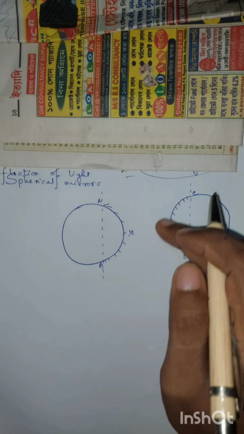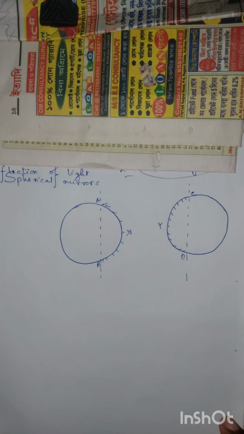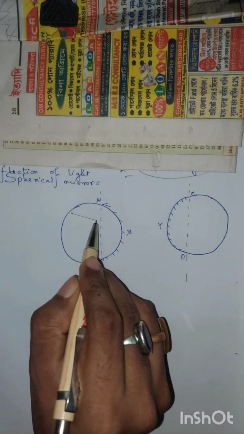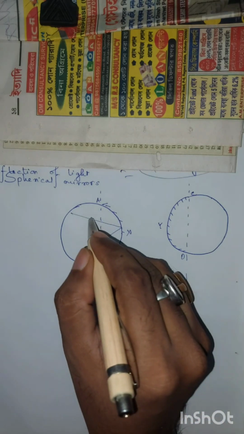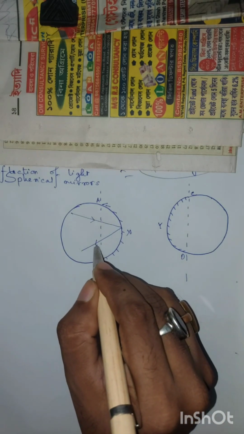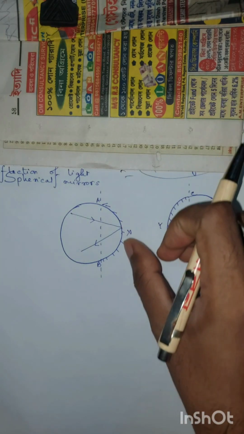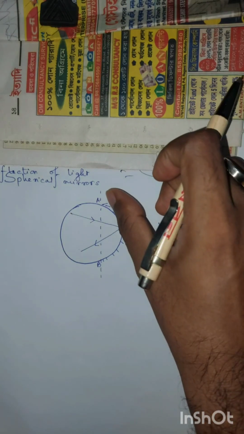So this is also a type of spherical mirror. So a light ray can come and get reflected by it. Okay, this is the silvered surface.